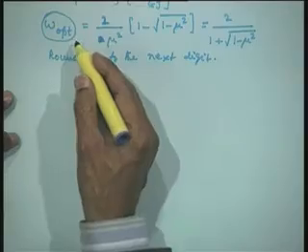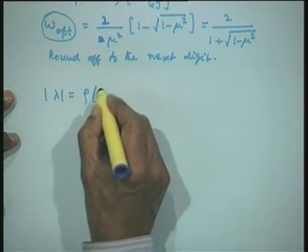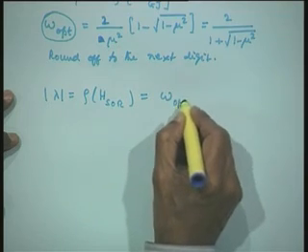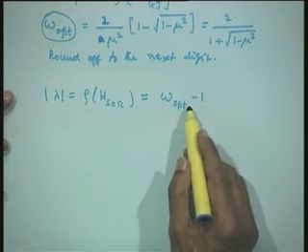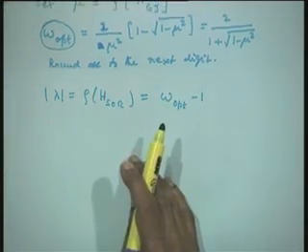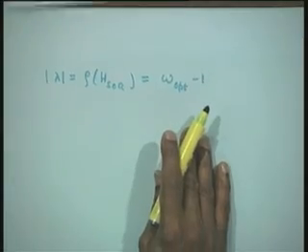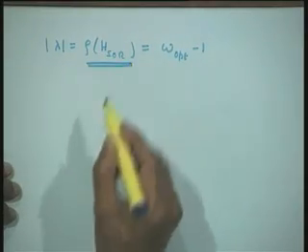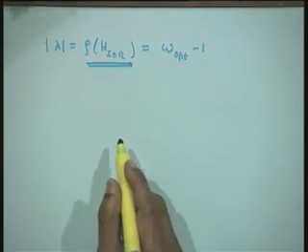Now, once this value is found, then the magnitude of lambda, that is equal to spectral radius of H SOR, is given by omega optimum minus 1. So, I find the omega optimum and then subtract 1. We earlier said that omega lies between 1 and 2 for the SOR method. This will be my spectral radius of H SOR. Therefore, finding the omega optimum is not too difficult wherever it is applicable.